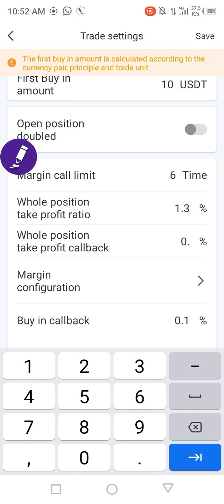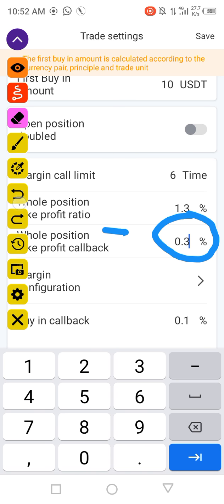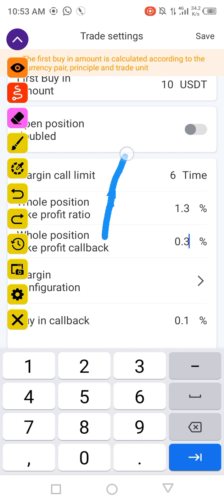But if you leave it at 0.3, you are giving the system more opportunity for the profit to rise. As when the profit has risen to 1.3, the profit trigger range is increased to 1.5, 1.6, 1.7.